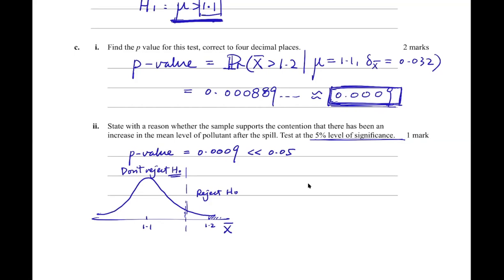So, as the p-value suggested, X bar equals 1.2 is in the rejection region.